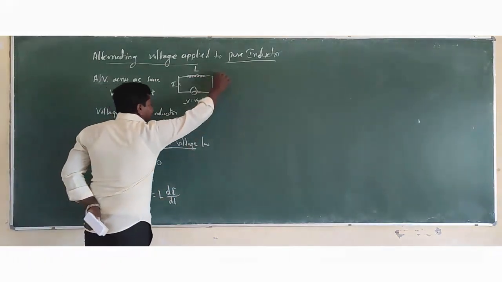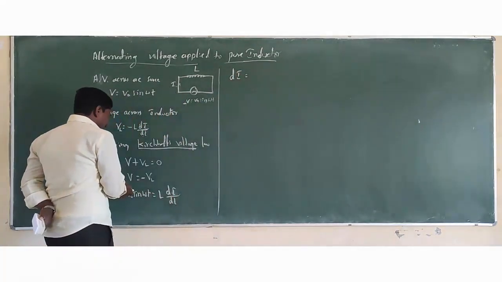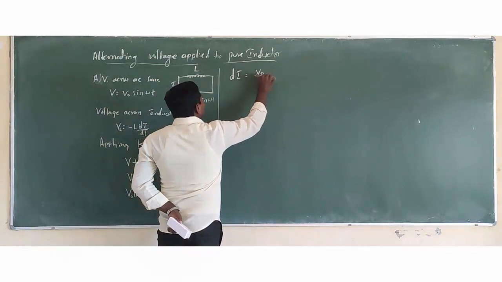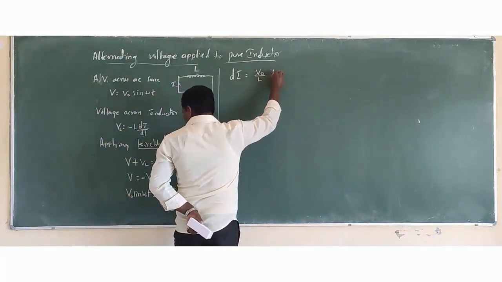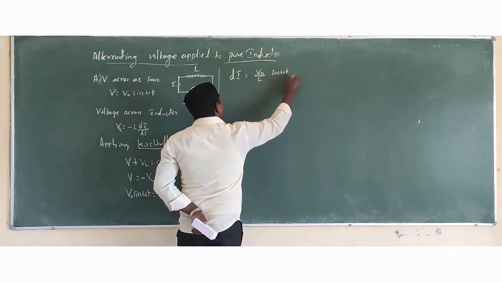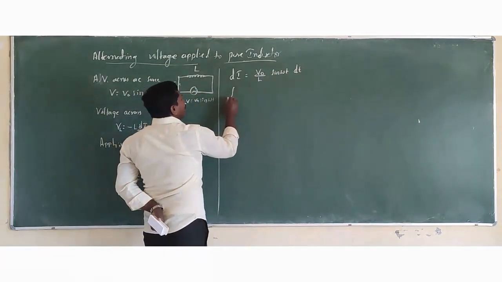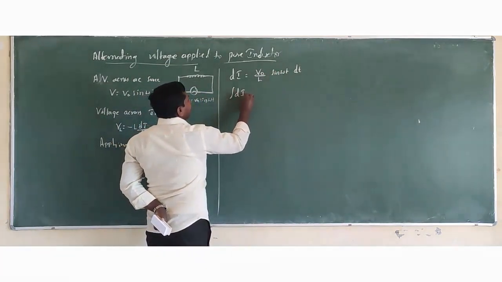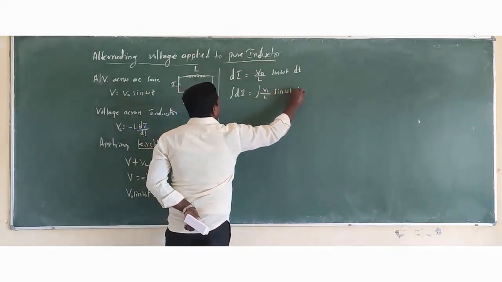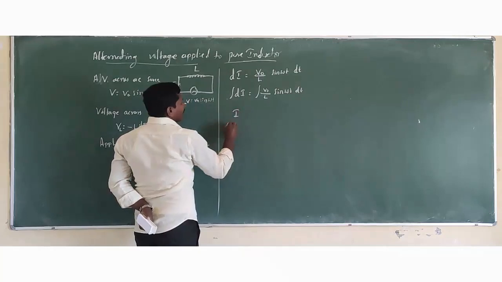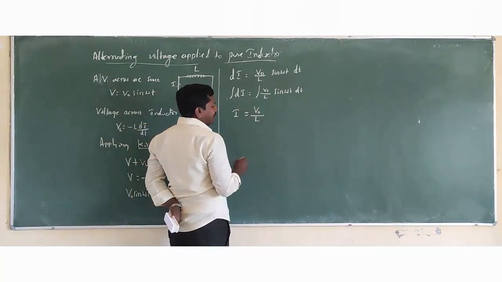Now this can be written as di is equal to, just cross multiply it, V naught divided by L sin omega t into dt. Integrating on both sides, we are going to get I is equal to V naught divided by L, which is a constant term.